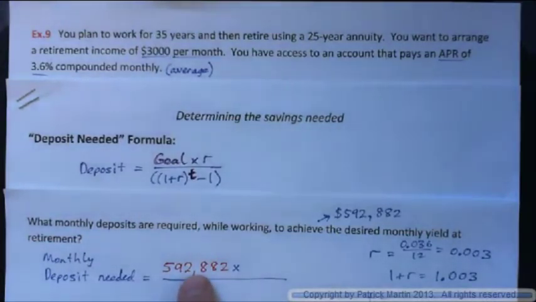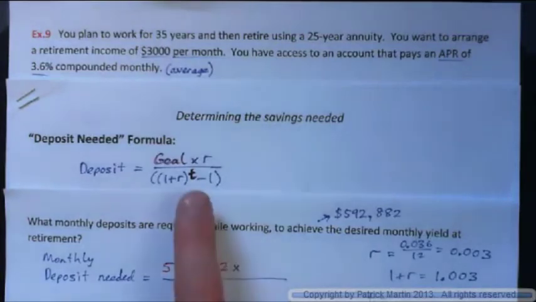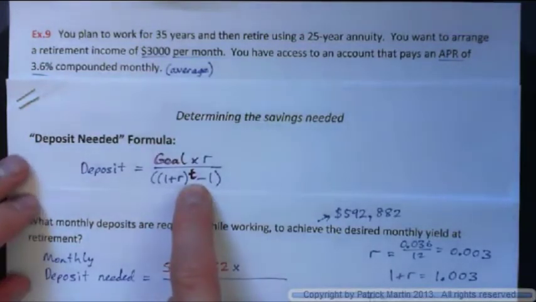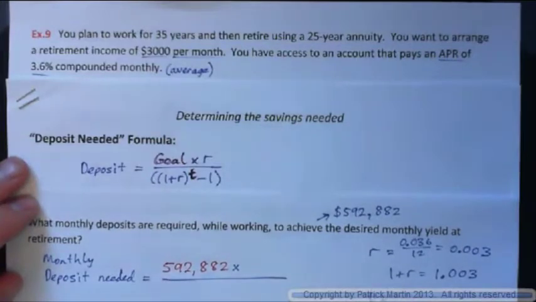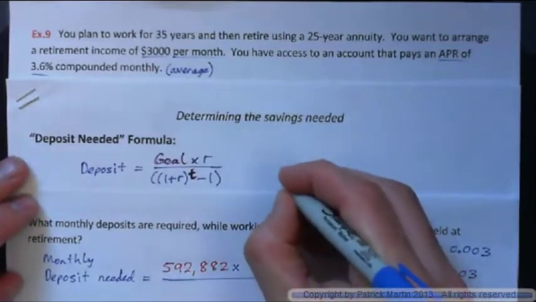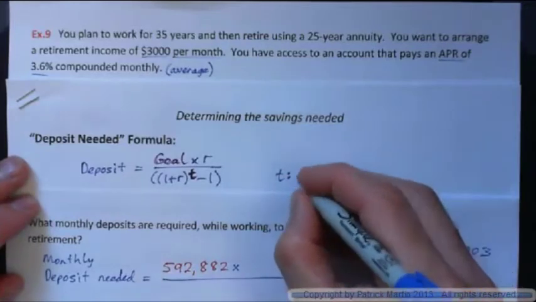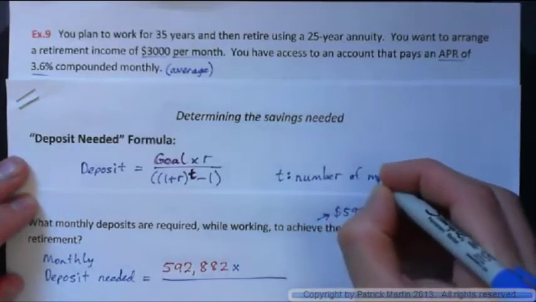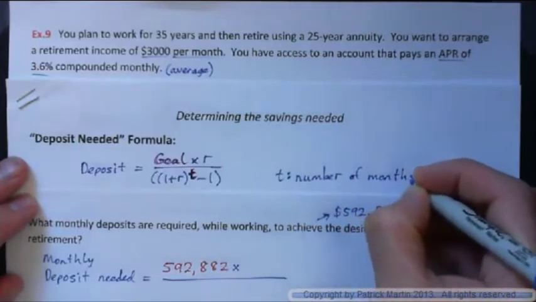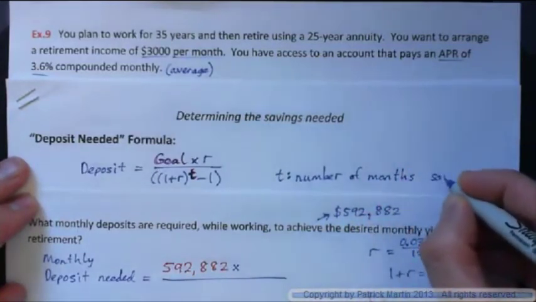Okay. So what does this T stand for? This T here for the deposit is the number of months that you are saving, basically.